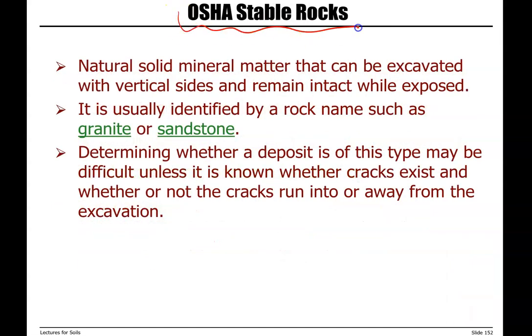First of all, we have the highest stability, OSHA stable rock, which consists of natural, solid mineral matter that can be excavated with vertical sides. That is the only category that can be excavated with vertical sides and remain intact while exposed. It's usually identified by a rock name such as granite or sandstone.